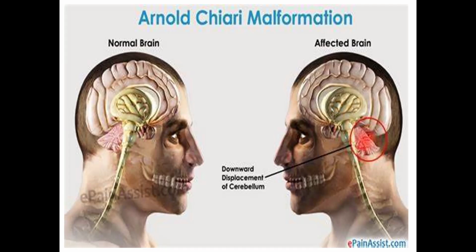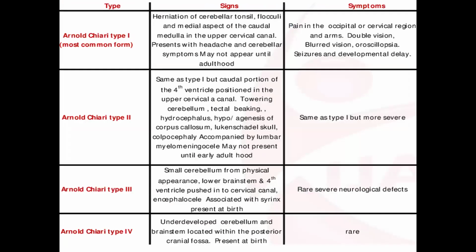One of them is Arnold-Chiari malformation, which basically means the downward displacement of the cerebellum. Arnold-Chiari has basically 4 types, from 1 to 4.